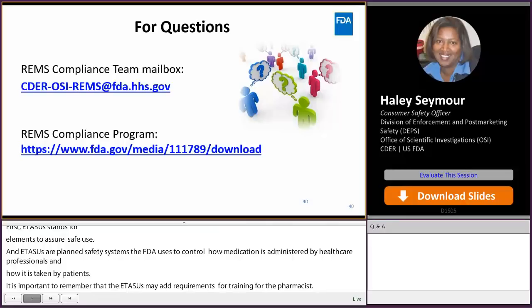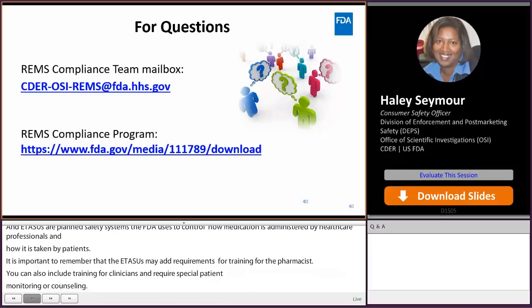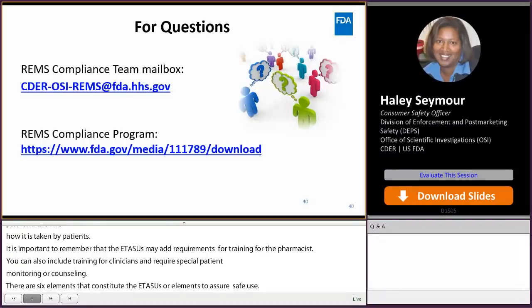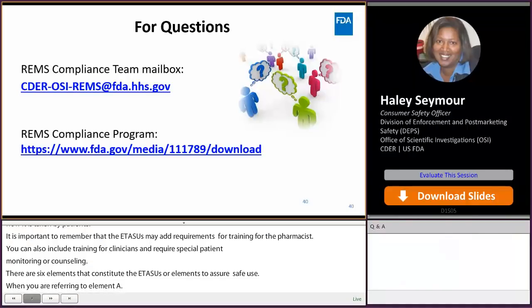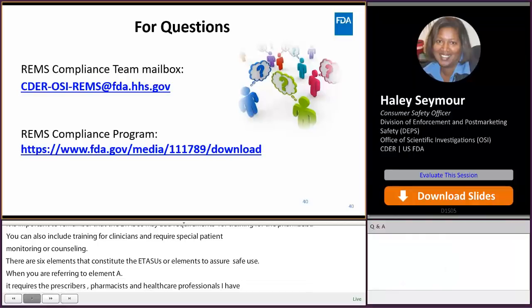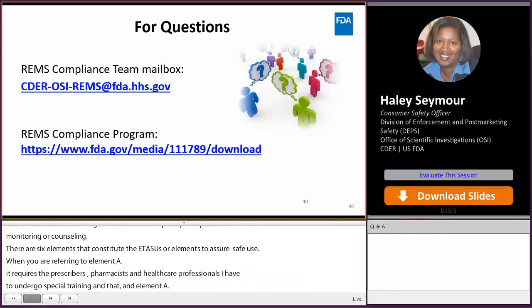There are 6 elements that constitute the ETASUs, or elements to assure safe use. Element A requires that the prescribers, the pharmacists and the healthcare professionals may have to undergo special training, and element A can also require that certified healthcare personnel must register in a database.